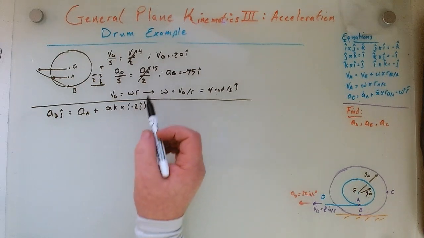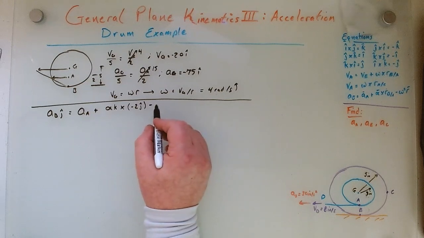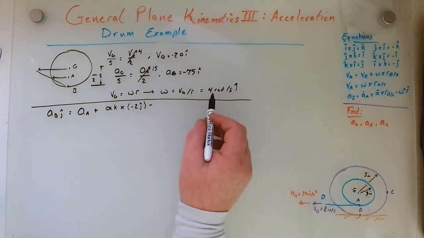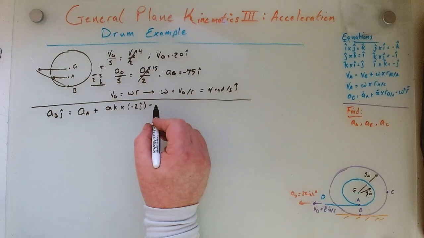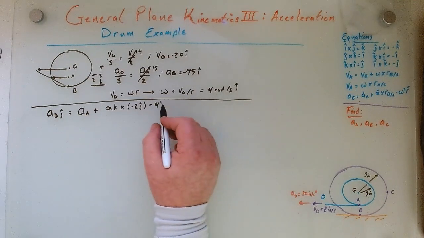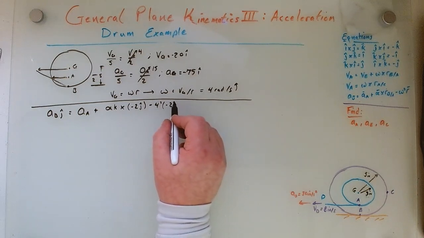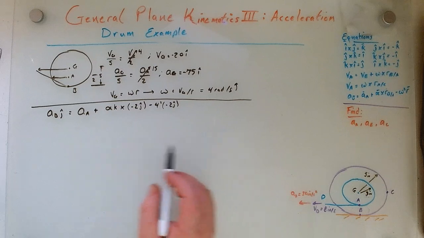And then the normal component, so minus omega squared, and omega is 4, so minus 4 squared times r, and this is again minus 2j.